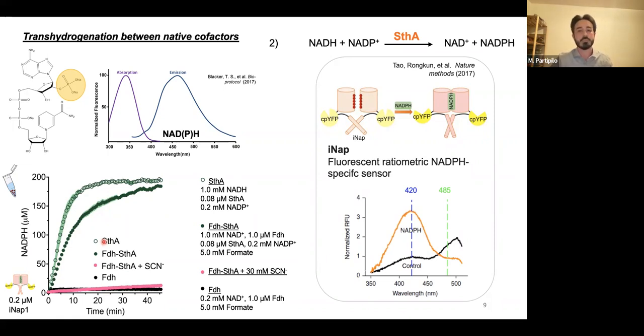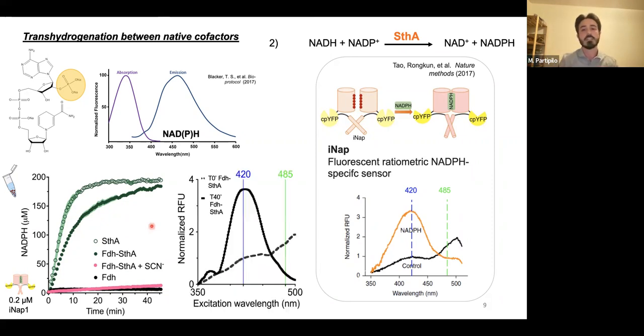So we have the proof that this sensor was ideal to monitor the transhydrogenation inside our vesicles. And indeed, here is the result of the coupling that you can see before adding formate, the dashed line, and after adding formate at the time point that corresponds to 40 minutes in the solid line instead, quite similar to what was reported in literature.